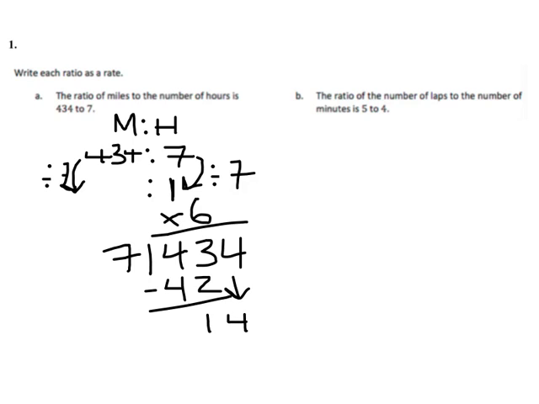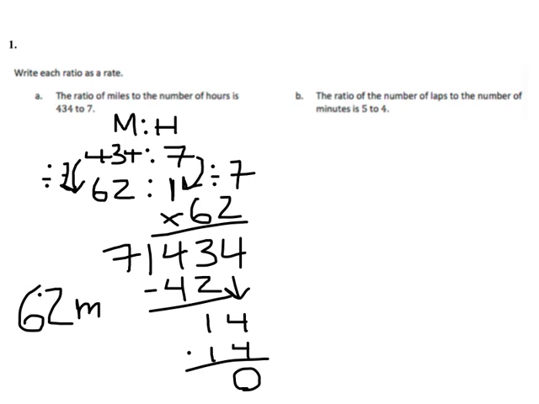Whenever I bring something down, I ask, how many times can 7, my divisor, go into 14, what I've brought down? 7 can go in 14 twice. 2 times 7 is 14. Subtract, end up with 0. No remainder, no numbers left in my dividend, so I'm done. I've got my quotient of 62. That tells me that my rate is 62 miles per hour. I'm just abbreviating MPH.